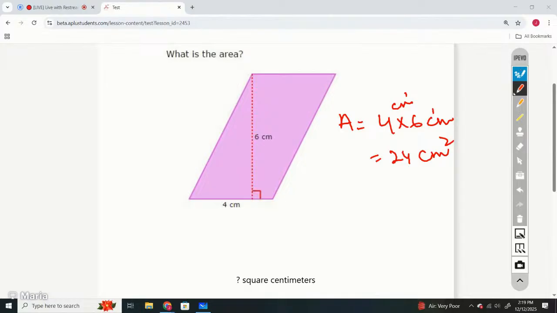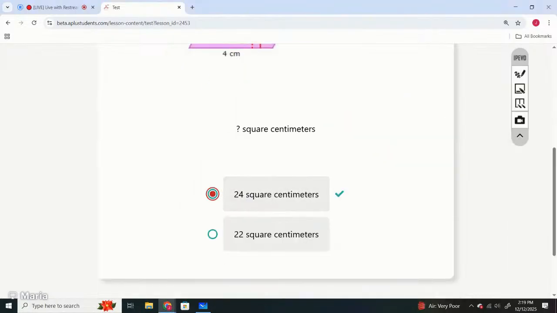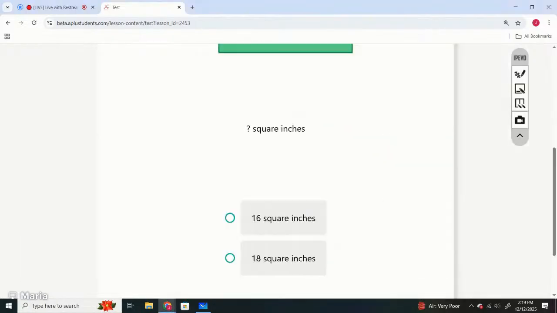The correct option is 24 centimeter square. Option number 1 is the correct option.